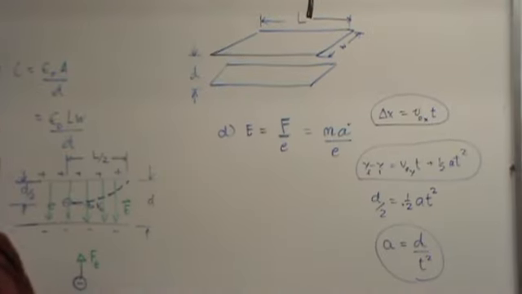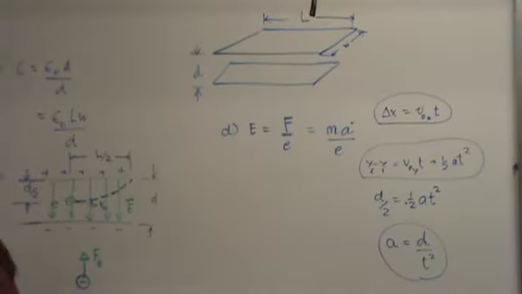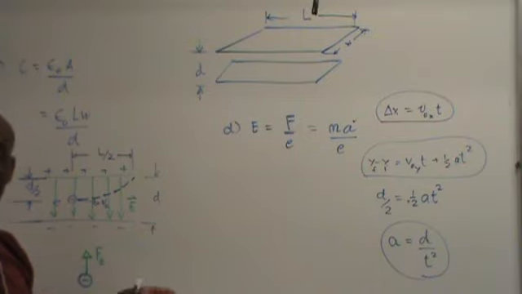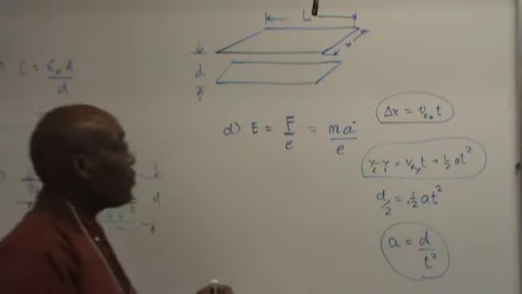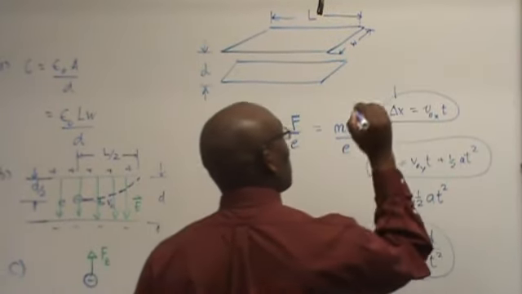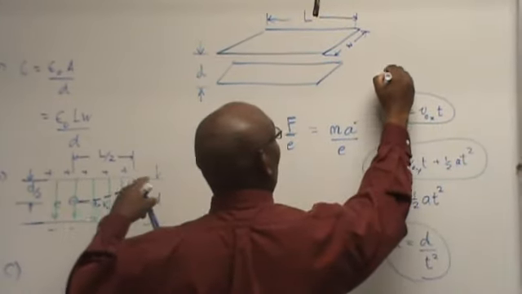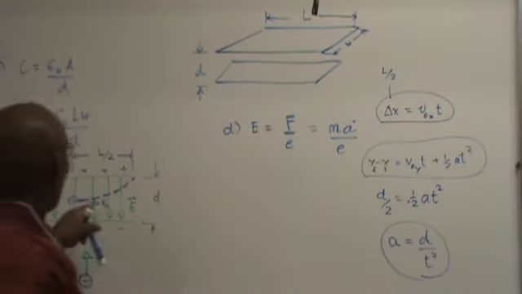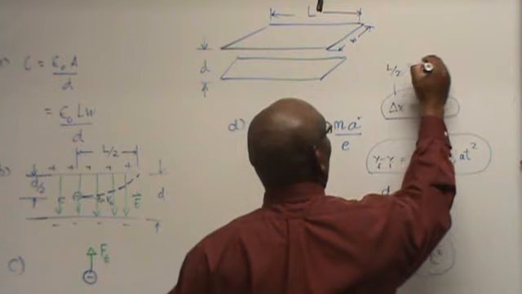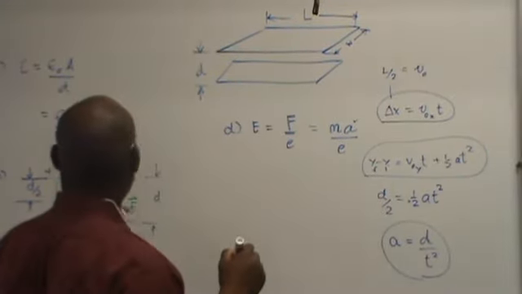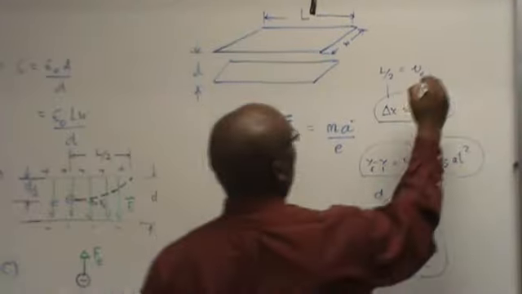That's another equation for the projectile motion. We're looking at the horizontal motion now. Now, what is delta x? It's L over 2. What is V0x? It's V0. And what is t? T is t.